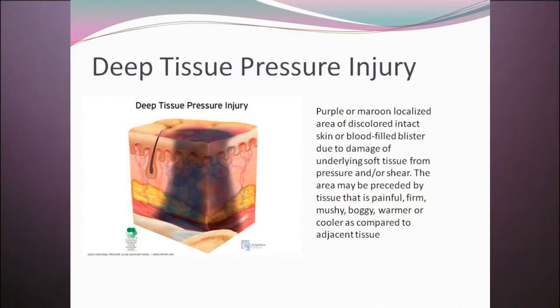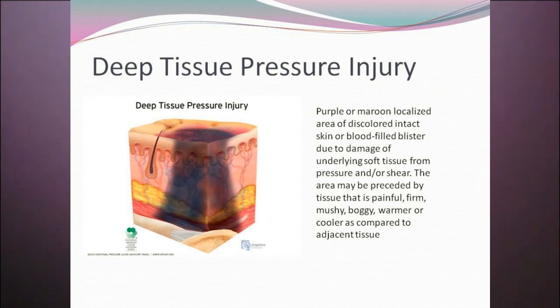These are usually described as an area of purple or maroon localized area of tissue damage, and this is usually a result of underlying pressure, friction, or shear, or a combination of forces. And what's ominous about these is they look very ischemic, very dark, very purple. They are unfortunately kind of a harbinger of further problems.